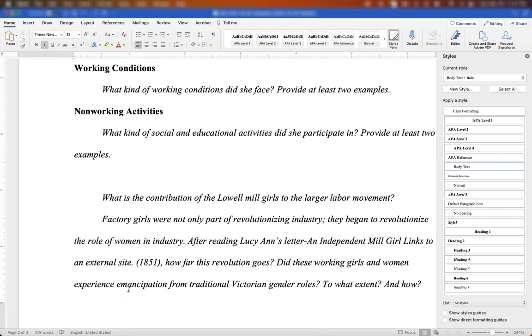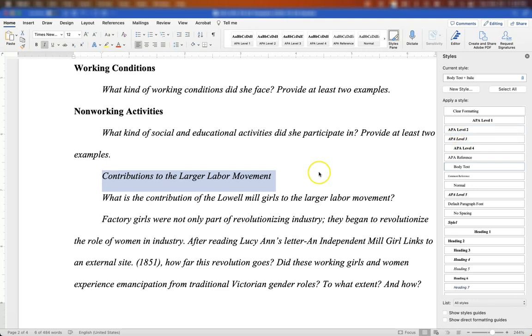Now, we have the Lowell girls and the larger labor movement, and I'm going to write that as contributions to the larger labor movement. Now, if I have a heading like this within a paper that is about the Lowell Mill Girls, then they don't need to have Lowell Mill Girls in the heading all the time.